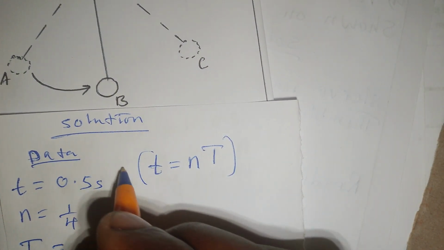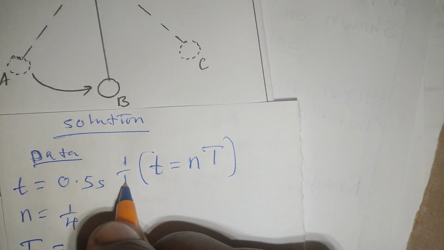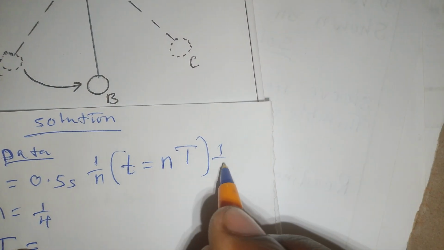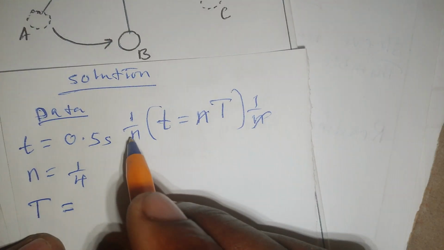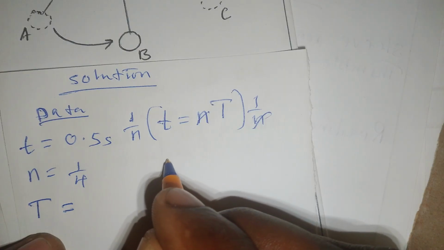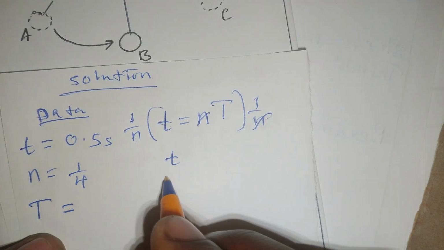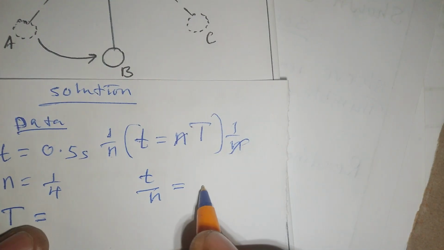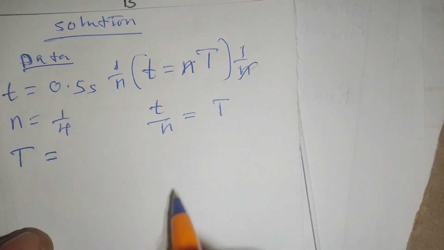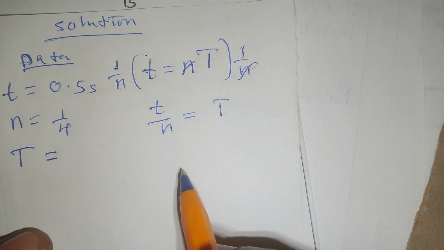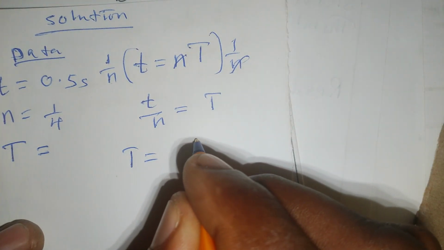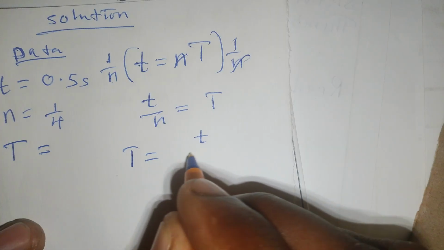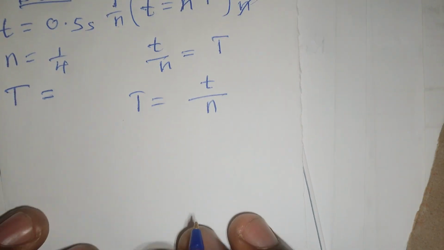We are going to multiply the equation by 1/n, so this n and this n go, then 1 times T, we are going to have T over n, which is equal to T. So we have found the formula for period, meaning period is equal to time taken over number of oscillation.